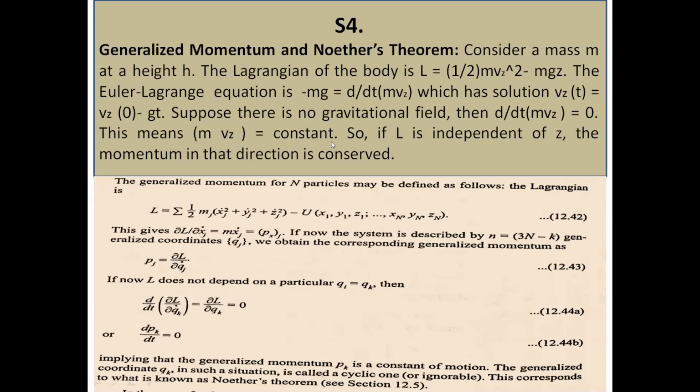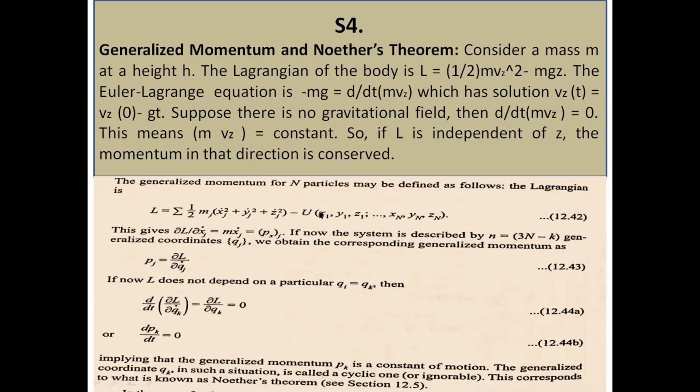Such generalized coordinates of which the Lagrangian is independent are ignorable, or cyclic coordinates. And this is a general statement of the profound theorem of Emmy Noether.